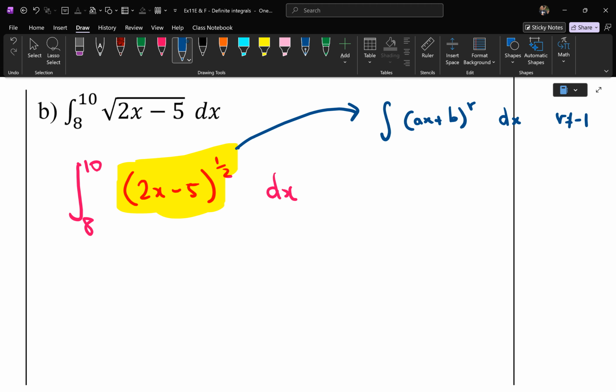So in this case, you have to have the 1 on a at the front. It's to counteract that derivative that you would have done inside. Times by, and don't forget, you're going to use the power rule again. So power is r, so it'll be 1 on r plus 1 times ax plus b to the power of r plus 1.